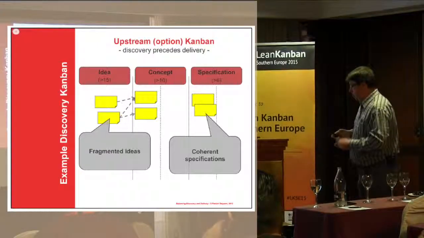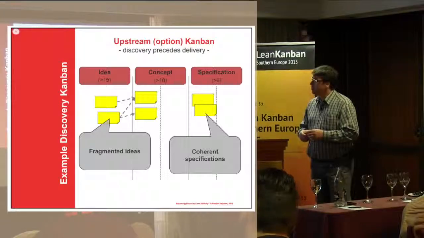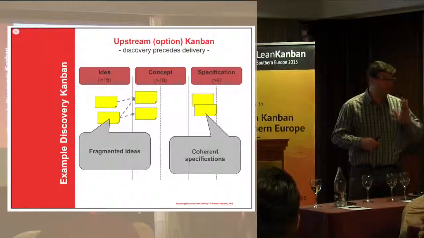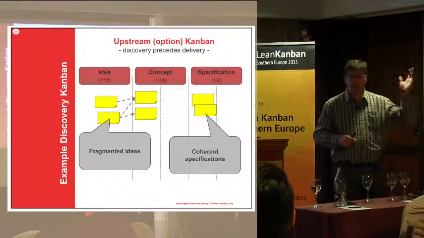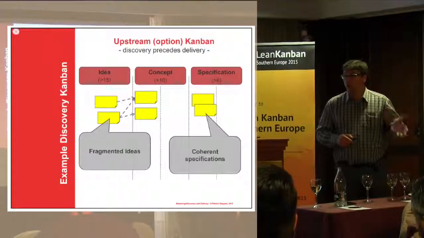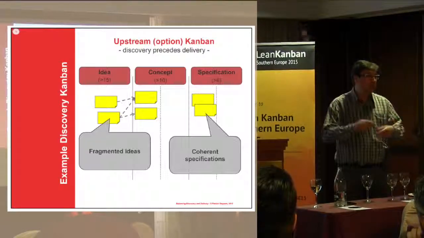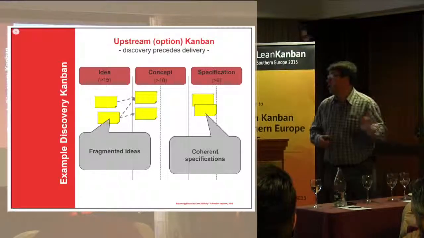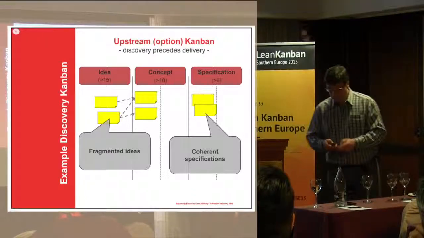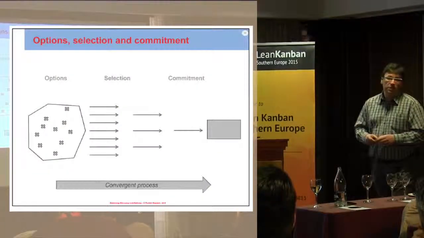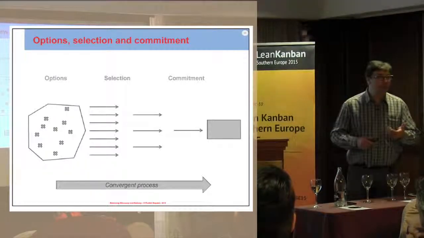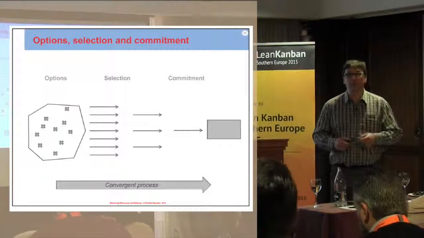Okay, so what this visualization does, the upstream Kanban, is helping to go from fragmented ideas that can come from all types of different places, moving them into sort of concepts like story maps, for example, and then move them into coherent specifications. The items that are on the board are not just work. They don't represent work.